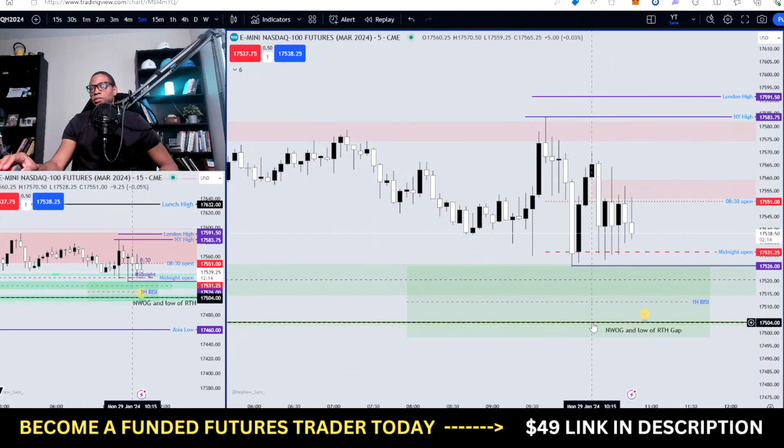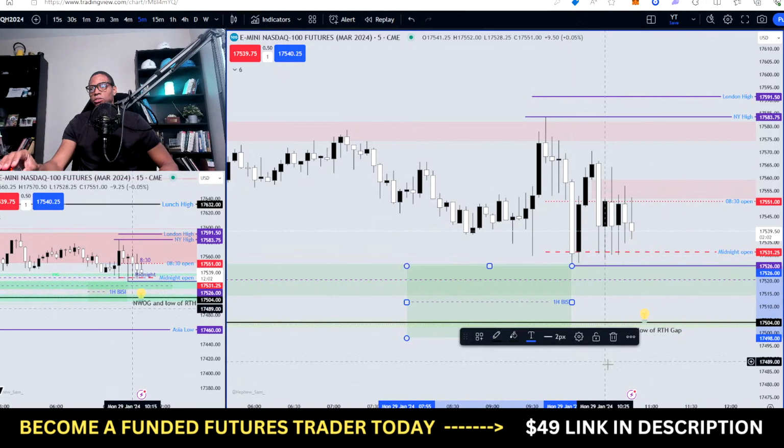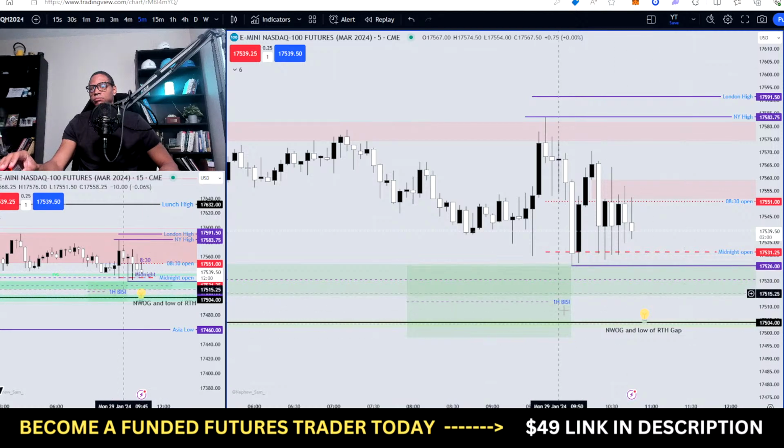So it does include this area. Not that it needs to trade this far down, but I just have this as a lower range. And if we get here, let's really look at price and see what it does afterwards. I'll slide this over so it's not so distracting. But yes, everyone can see that 1 hour fair value gap.